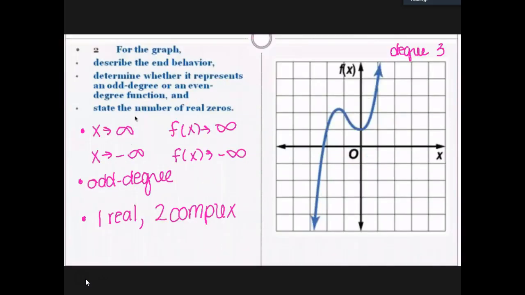And then talking about the number of real zeros, the number of zeros has to sum to the degree. So there's 1 real zero. And if we actually knew this function, you could factor it and you'd get 2 complex zeros, which are our i's. So you would get 2 i answers and 1 real answer for this graph. So it's sort of like everything coming back together in 6-3.